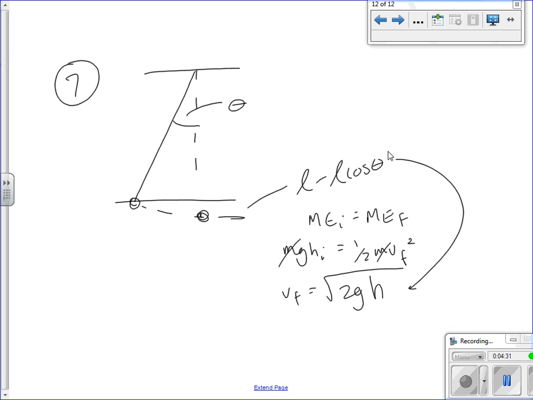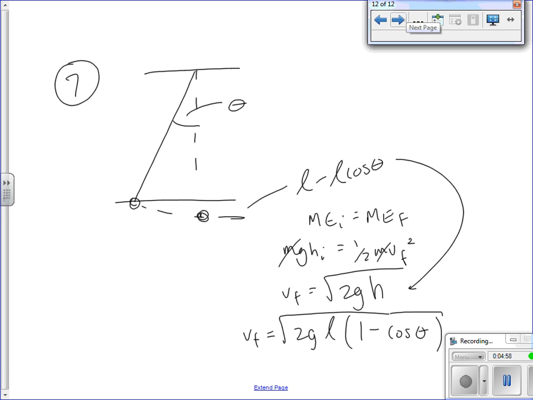That stuff goes in there. 2g, oh yeah, we can pull out the L, 1 minus cosine theta. I call that none of them, but A is the closest. Unless they're doing some crazy trig identity, which they're not. They're just getting it wrong. Next.